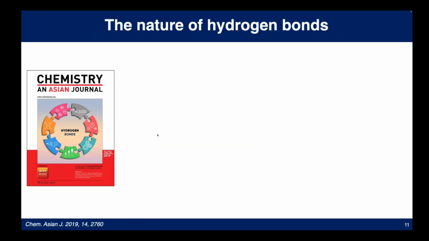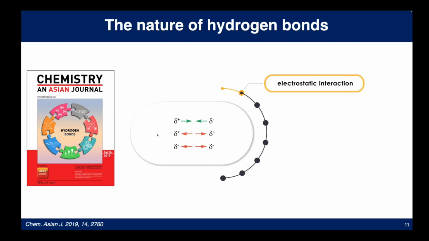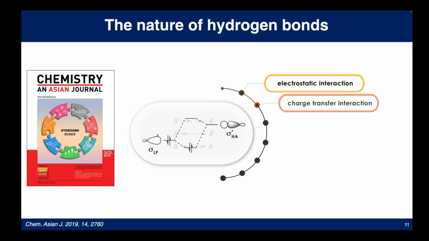So what do we know now about the nature of hydrogen bonding? In our first work on hydrogen bonding with the energy decomposition analysis, we saw that there is electrostatic interaction, which we confirmed, and that there is charge transfer interaction from the lone pair of an oxygen or a nitrogen atom towards an accepting, unoccupied orbital on the NH group.